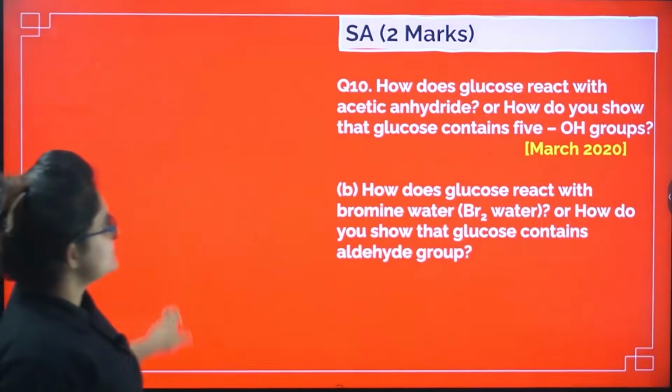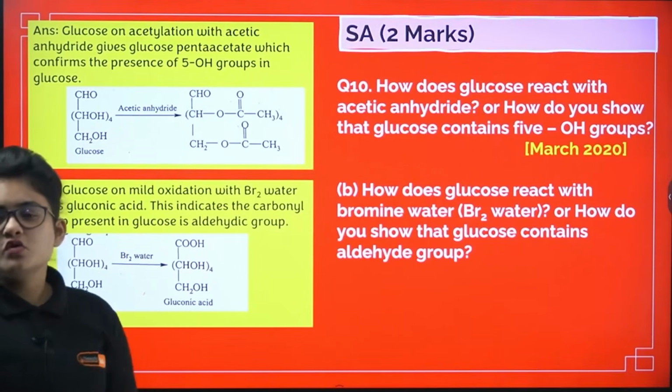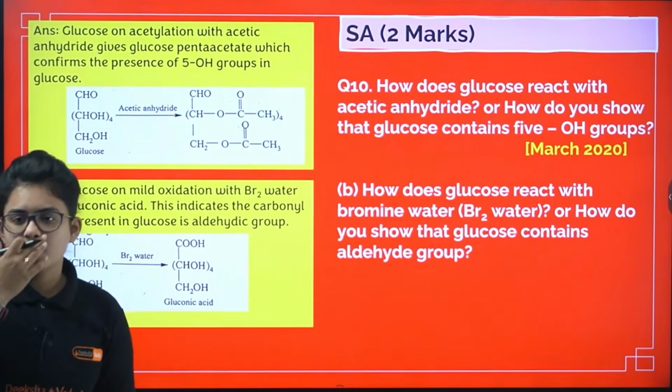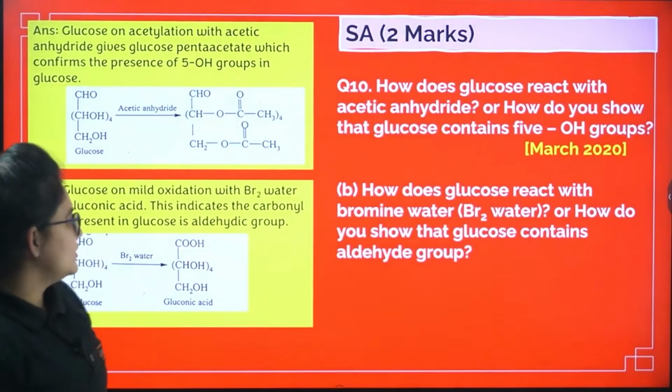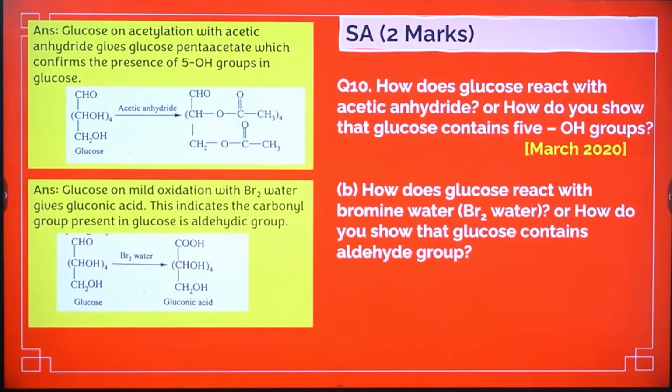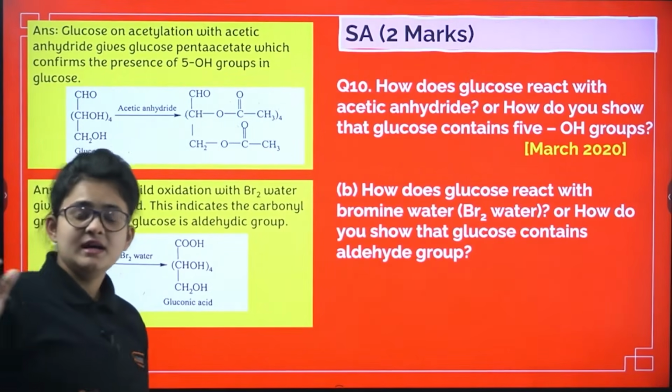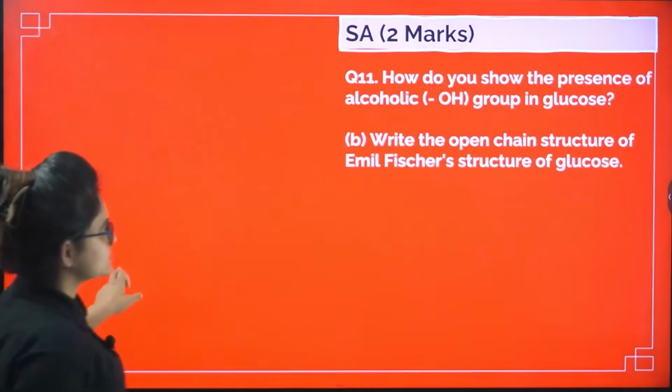Let's proceed. Next question: how does glucose react with bromine water, or how do you show that glucose contains an aldehydic group? You just treat it with bromine water. It forms gluconic acid, which tells you that it has an aldehydic unit.